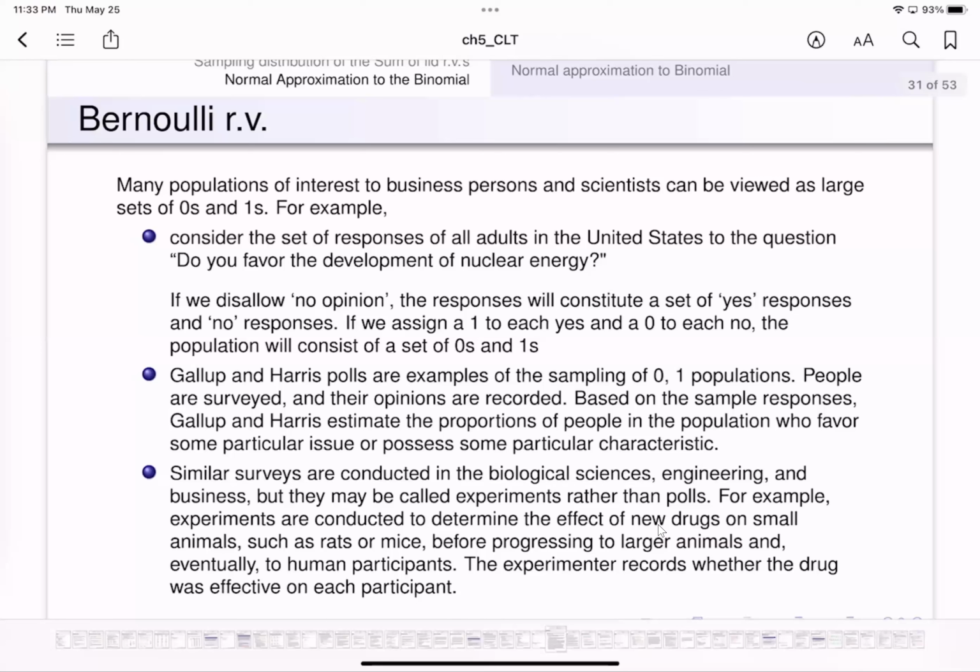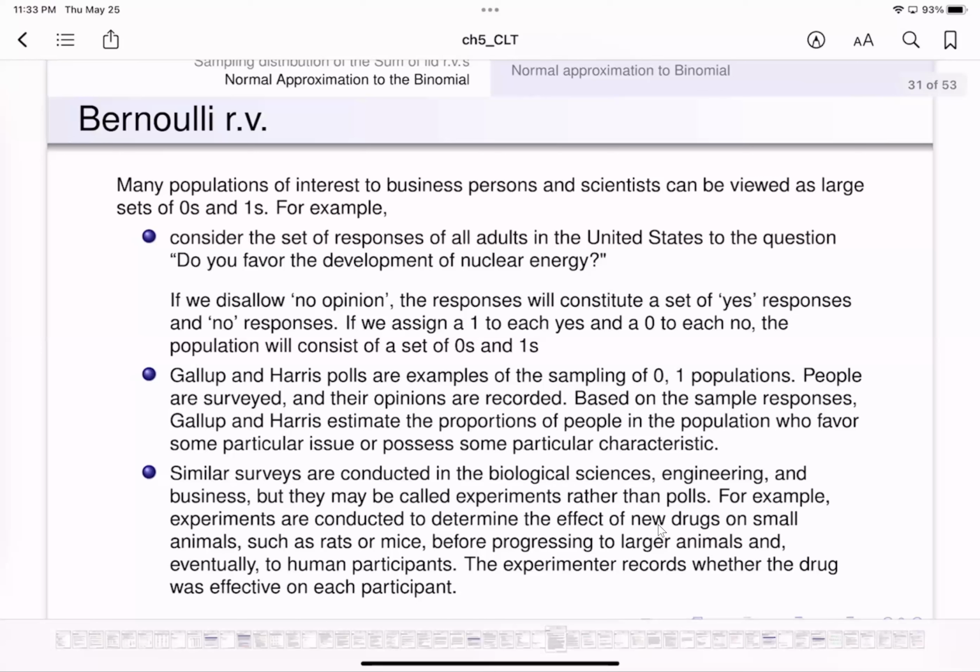Then that's a binomial. Next example: Gallup and Harris polls are examples of the sampling of 0-1 populations. People are surveyed and their opinions are recorded based on sample responses. They estimate the proportion of people in the population who favor some particular issue or possess some particular characteristics. This is a pretty common kind, like political surveys and so on.